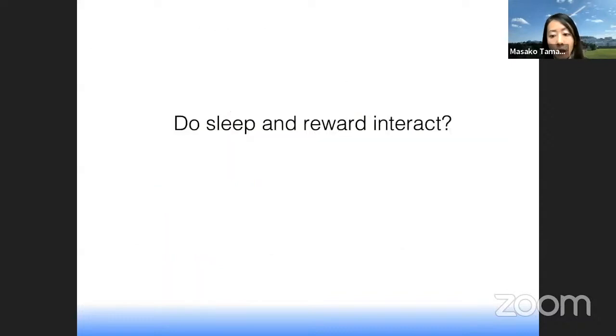So here was the question we asked in the study. Do sleep and reward interact with each other on learning? If these are independent, then performance improvements by sleep and reward should occur in parallel. On the other hand, if they interact with each other, performance improvements with reward may occur only after sleep.